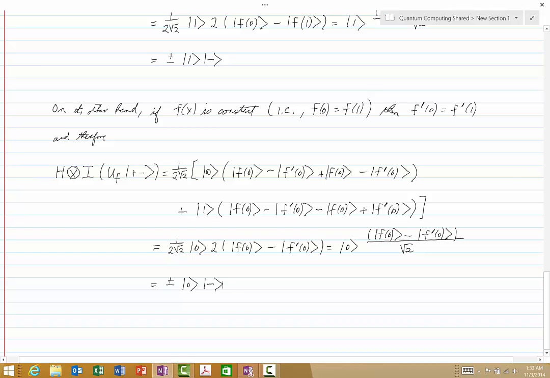But this is the final answer in the case, this is, again, when f of 0 is equal to f of 1, and here is our result when f of 0 is not equal to f of 1.